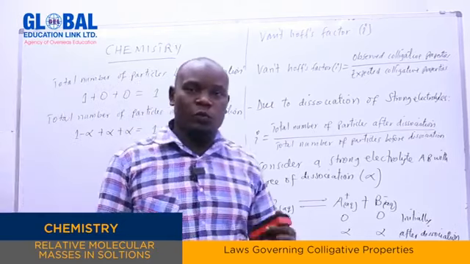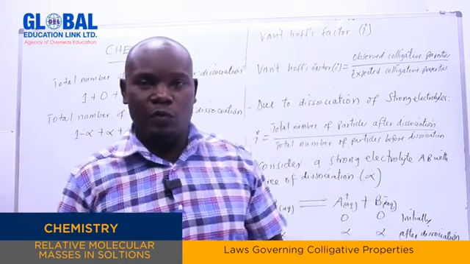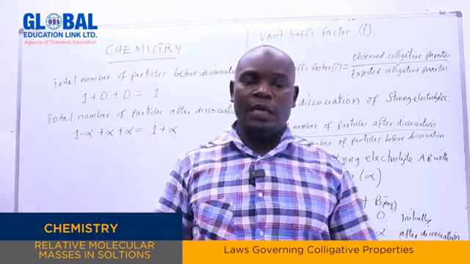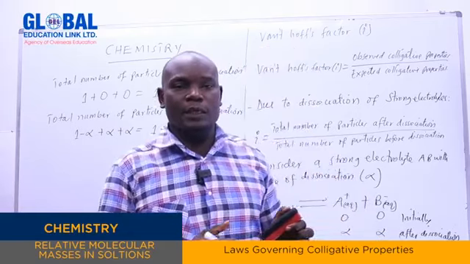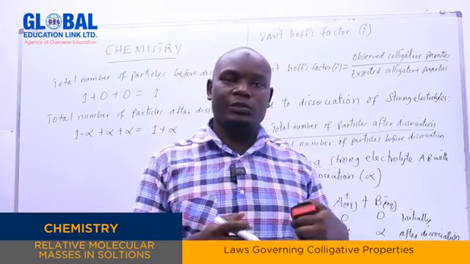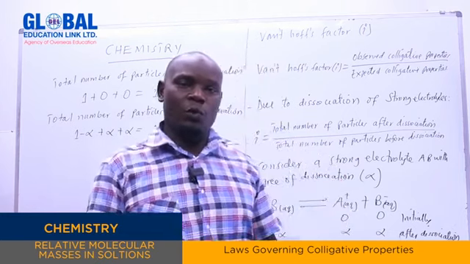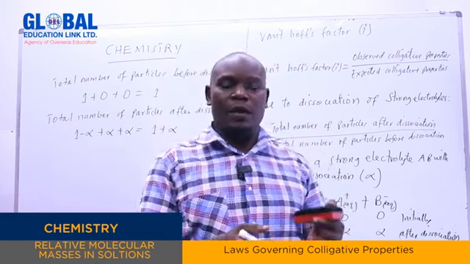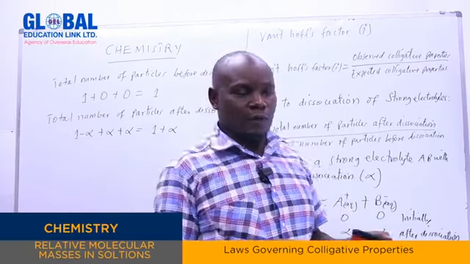So you now have obtained the total number of moles before dissociation and the total number of moles after dissociation. Now to find the Van 't Hoff's factor, we have said that you just take the total number of moles after dissociation and divide by the total number of moles before dissociation. The number of moles before dissociation is 1, and the total number of moles after dissociation is 1 plus alpha.